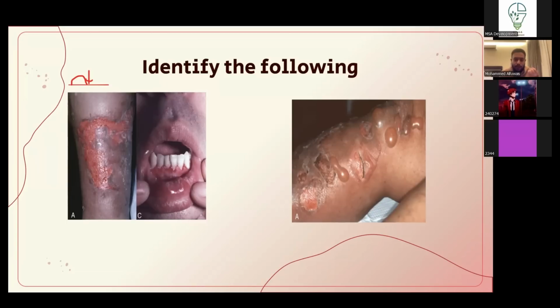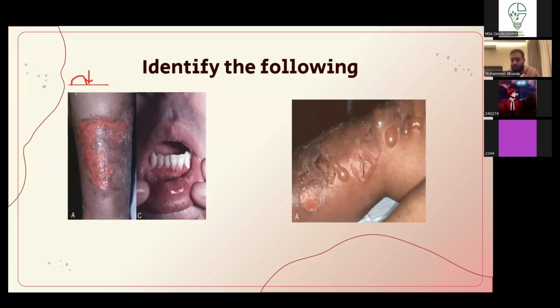Now, to differentiate this versus that: pemphigus vulgaris presents in a patient around their 40s to 60s, and very important are oral manifestations. They will have oral ulcers. These two are important points. How about over here?